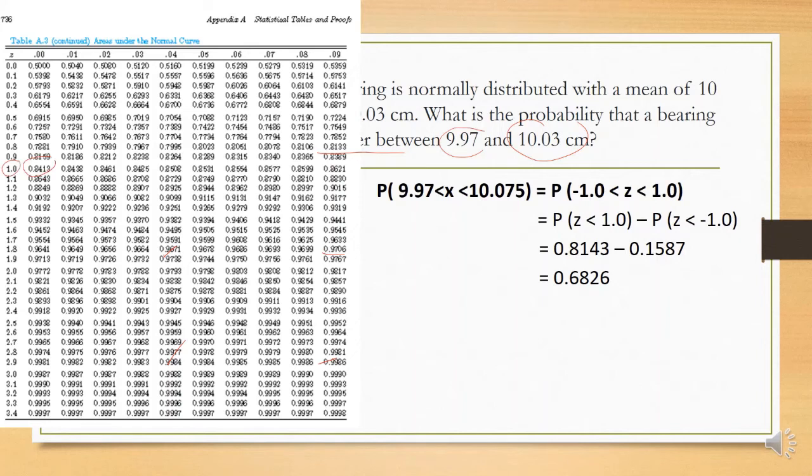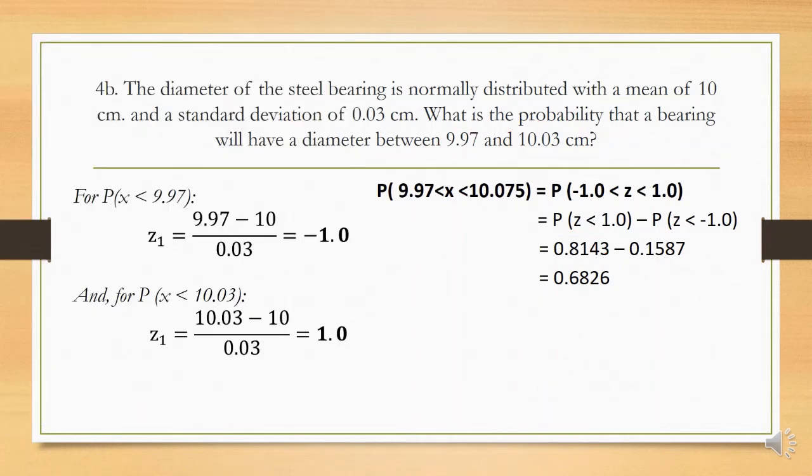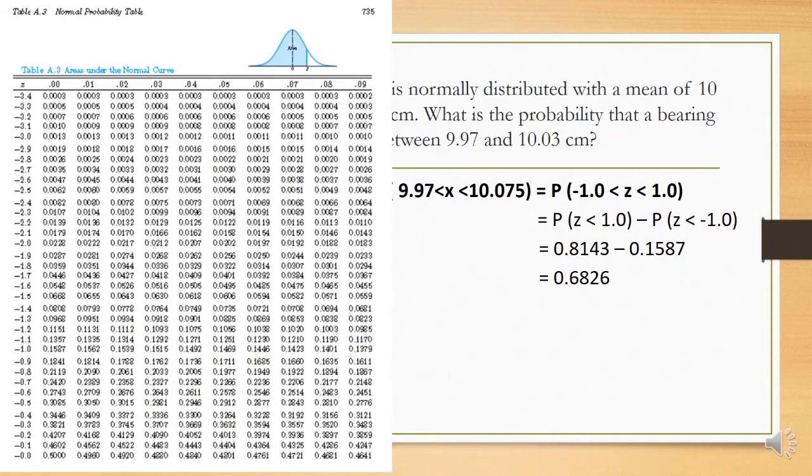So, 0.8413. Dito naman sa negative 1.0, ayan, dito siya. 0.1587. So, subtract yon, we get the area between. Okay, so, kung i-draw ninyo yan, it helps to visualize the problem.